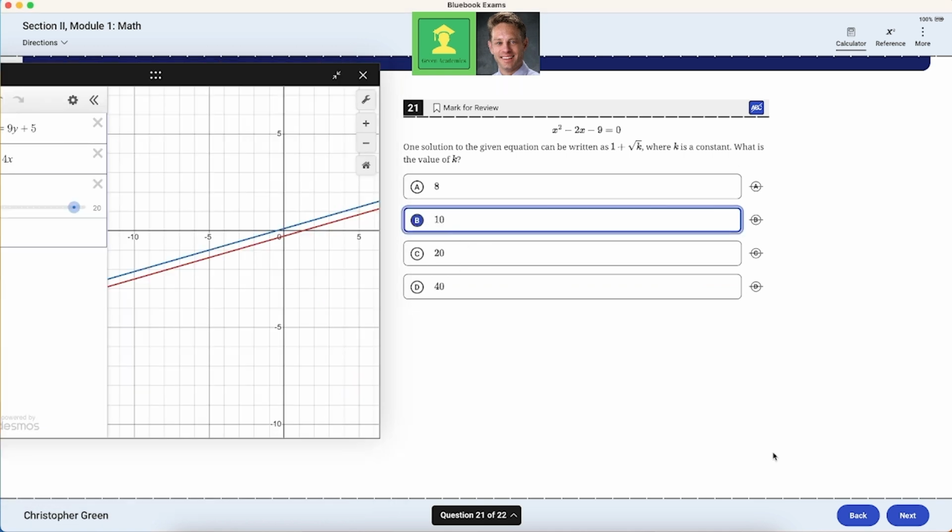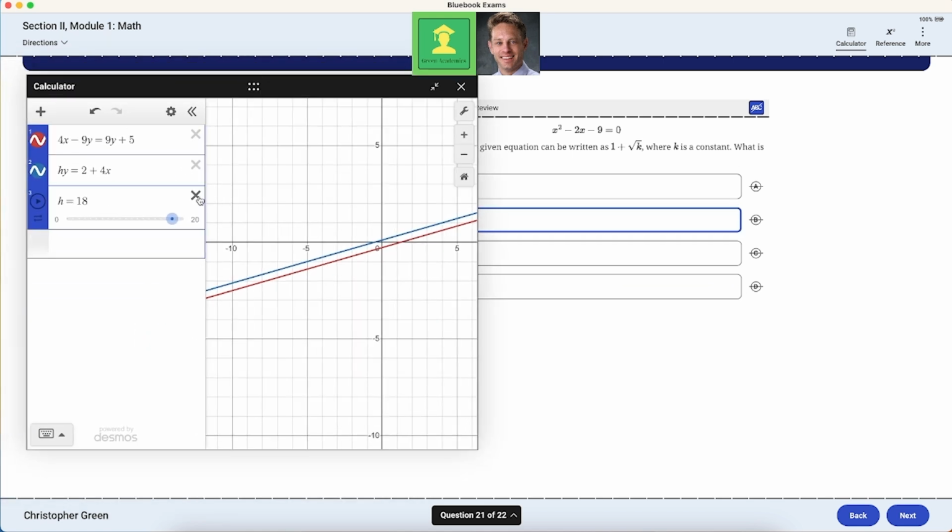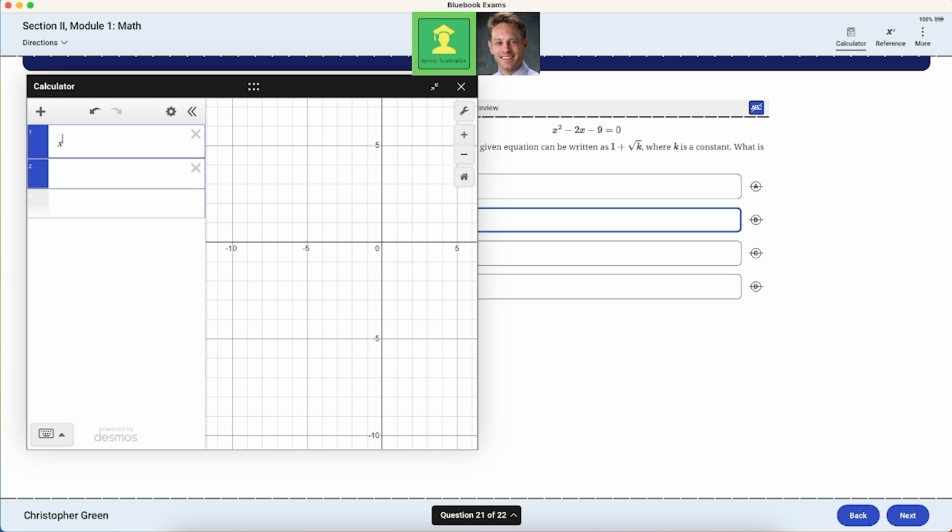Now, if you didn't know that, suppose you go all the way back to actually graphing the function x squared minus 2x minus 9, and you can get it to show you a 0. Now, of course, this 0 is not really applicable because 1 plus root k could never be a negative number. So it's effectively this one that you're dealing with, 4.162.